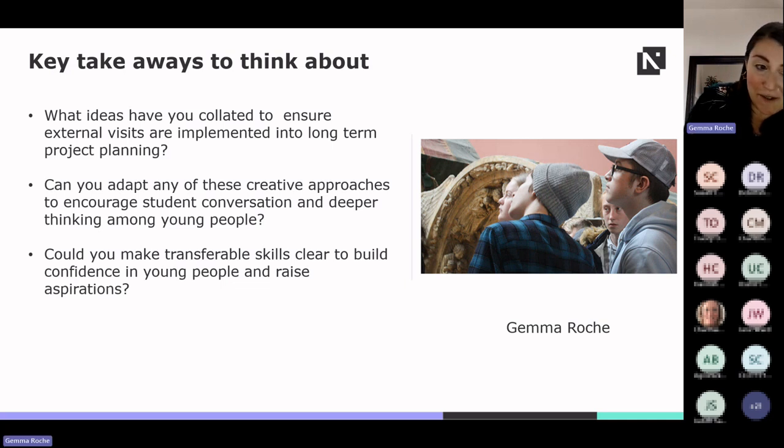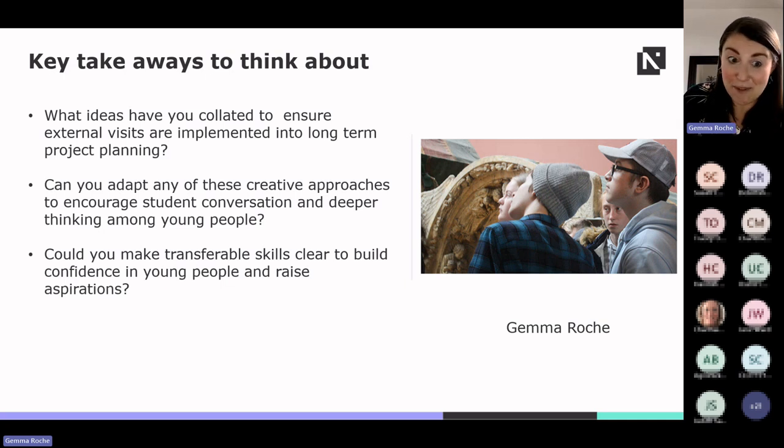Can you adapt any of these creative approaches to encourage student conversation and deeper thinking among the young people that you work with? Hopefully you might be able to try out some of the task sheets that you get after this session. It would be really nice to hear how you get on with those. And could you make any transferable skills clear to build confidence in young people and raise aspirations?